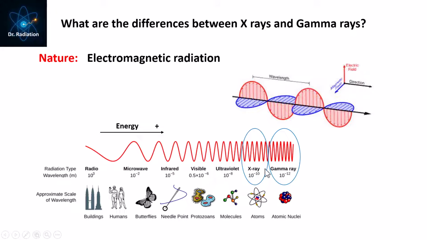You may see such a range of wavelengths and frequencies for electromagnetic waves, but it's not always the case that X-rays have a lower energy and longer wavelength compared to gamma rays. We have some examples where we can produce X-rays with higher energies than gamma rays.